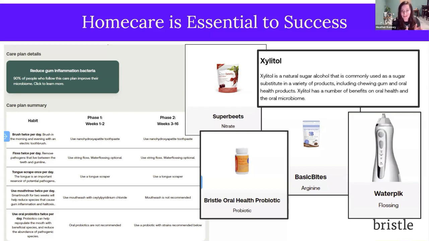And then we try to make sure we're growing things by adding in super beets for nitrates and arginine and pH balance and xylitol, changing the environment of the mouth, adding in probiotics. Probiotics I kind of teach are like our companion plants in the garden. So probiotics are super important. Some probiotics help mitigate or correct the oral microbiome by acting as a bactericidin.